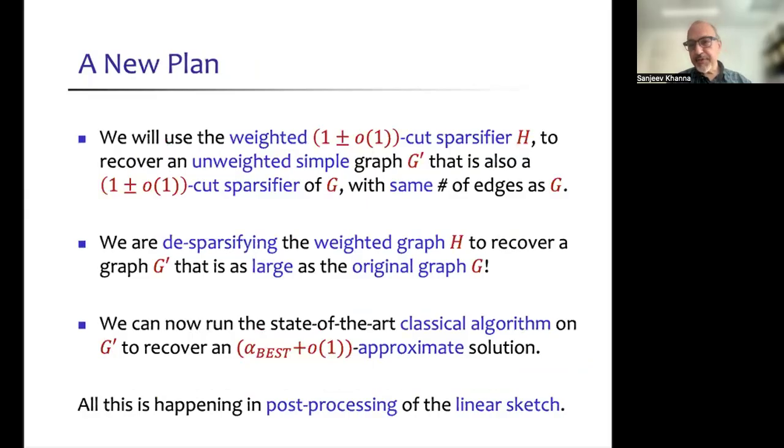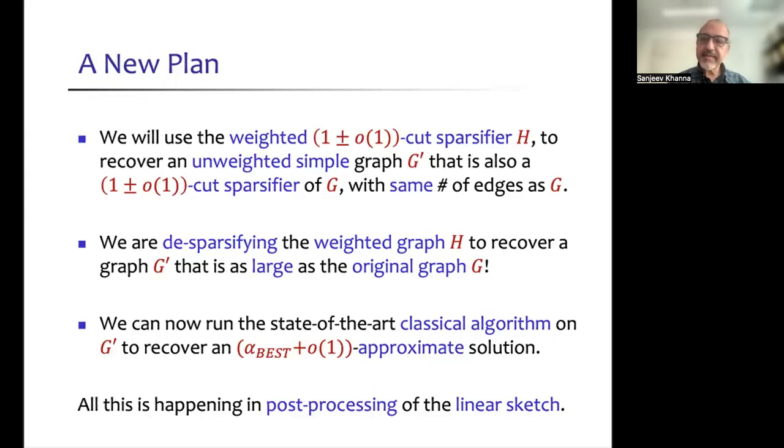So we will try a new plan to get around this obstacle. The first step of the new plan will be to build a weighted cut sparsifier H as before. But now, in the post-processing stage, we will use this weighted cut sparsifier H to recover an unweighted graph G prime that also happens to be a cut sparsifier of the original graph G and contains the same number of edges as G. So G prime is a weight-preserving cut sparsifier of G that happens to be unweighted.